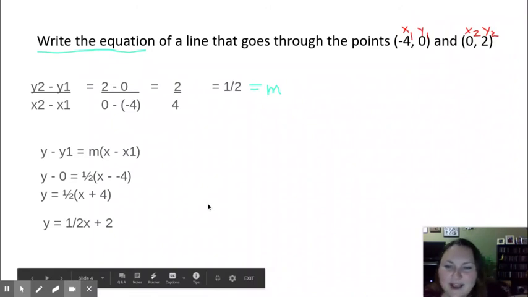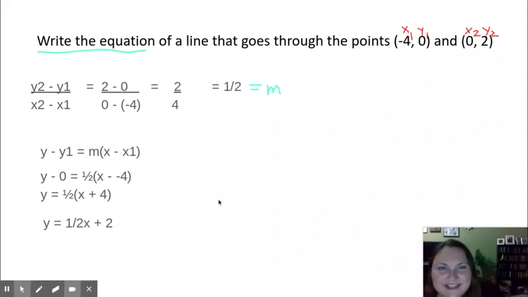One of the things I don't have typed in here, so I can't just click a button and it'll appear, but I do want to mention is that for these questions where you're writing an equation from 1 point or 2 points or a table, anything where you have a point, you can check these.